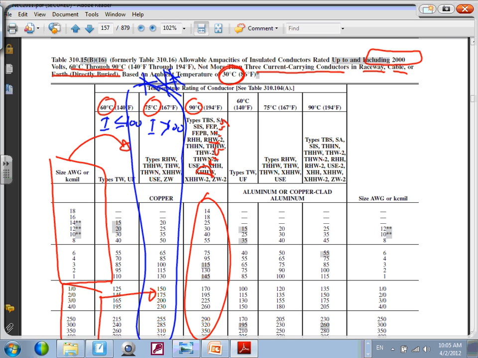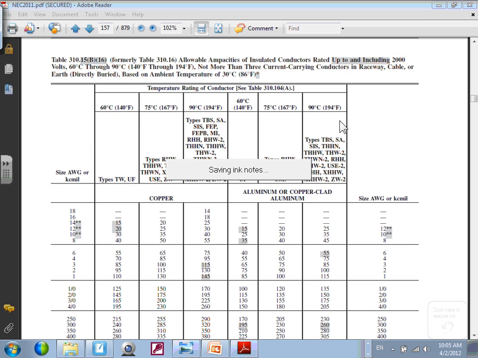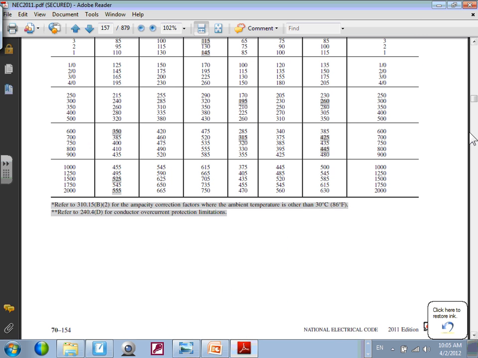For a commercial project, guys, the termination on the equipment and everything is rated for 75 for the most part, three-phase. So you're going to spend a lot of time in this area. Everybody knows that this is aluminum and this is copper, and you go through the whole deal. Any questions about this table? That's where you're going to spend a lot of your career, in this table. If you look at the bottom, that's to Chris again.